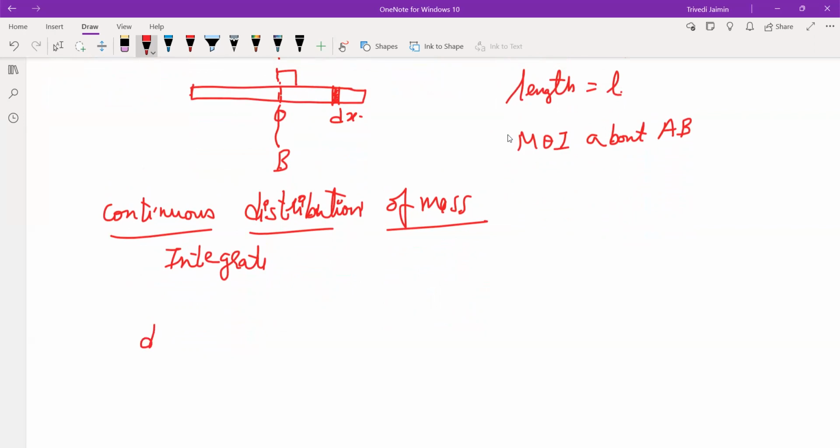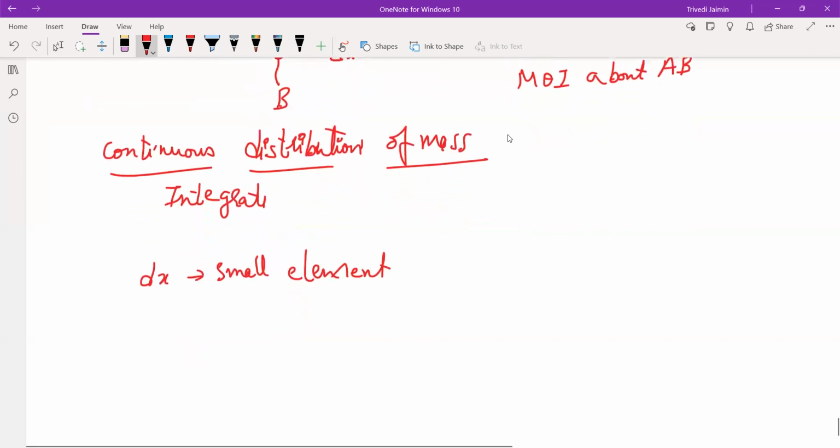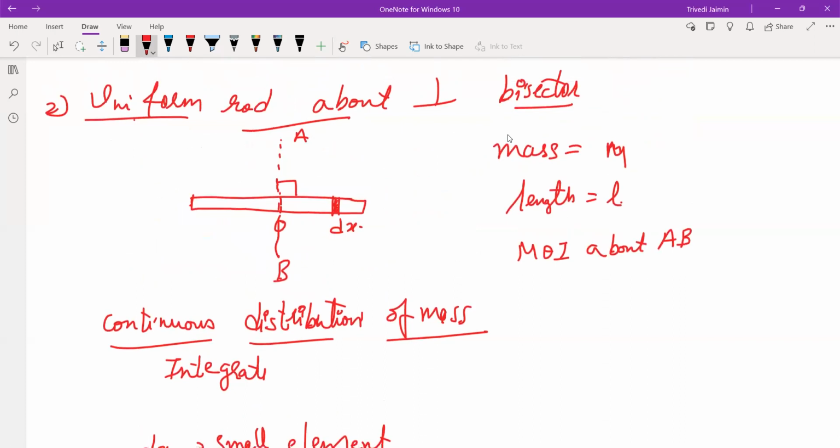Small element, small strip. As mass is distributed uniformly throughout the length, L by 2, L by 2.